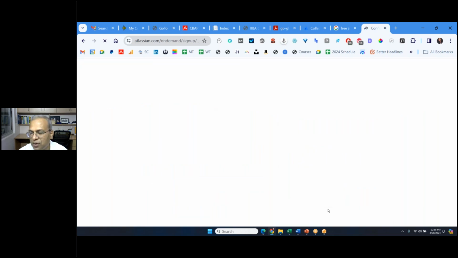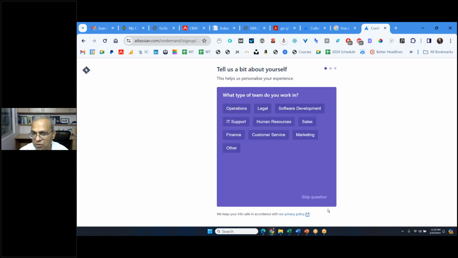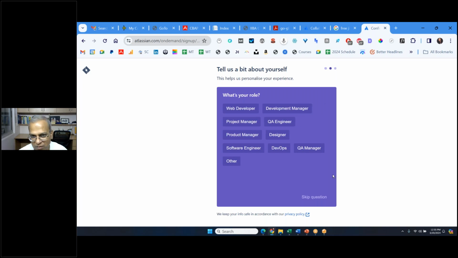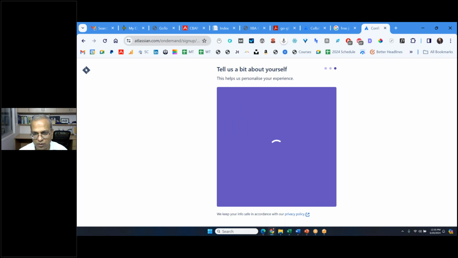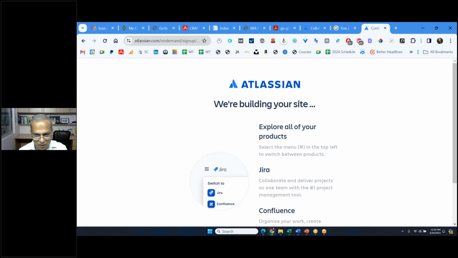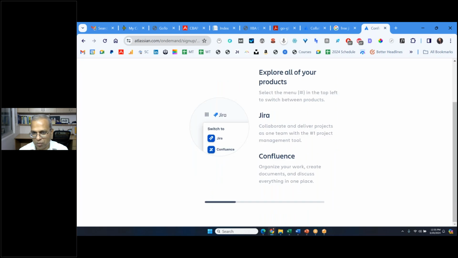So this is something that I would request all of you to do, because learning Jira is going to be quite helpful. For example, I will say I'm part of software development, I am a project manager, just for, okay, something. You can actually do all things properly. I don't have time, so I'm just going to show you this.